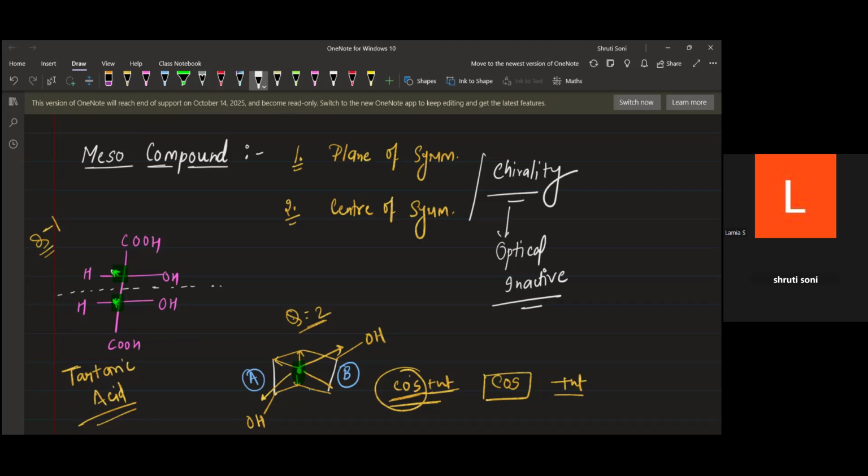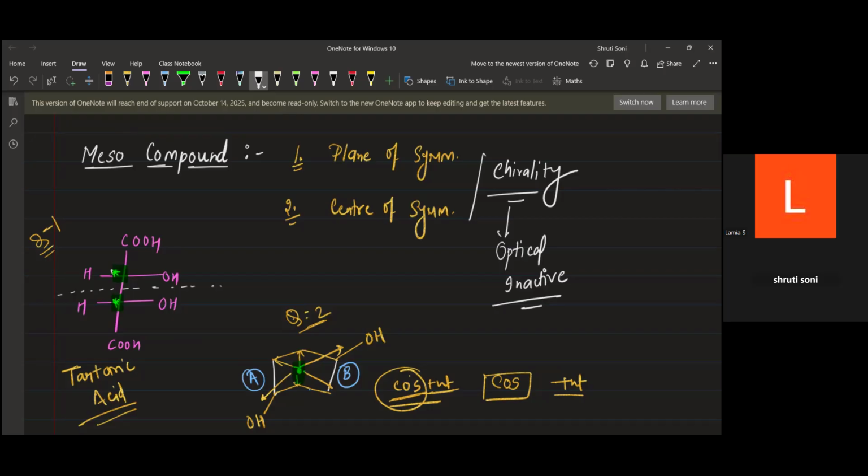Meso has chiral carbons, I keep forgetting. Meso, enantiomer, diastereomer, epimers, all of them have chiral carbons. But enantiomers, diastereomers, and epimers are always optically active.